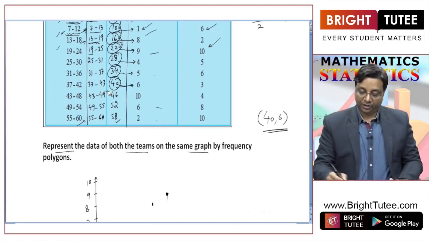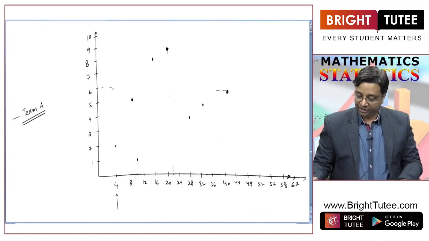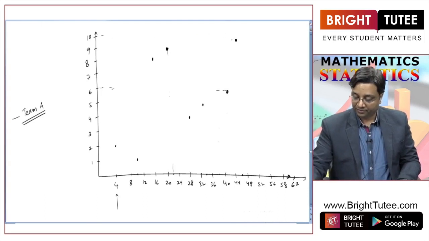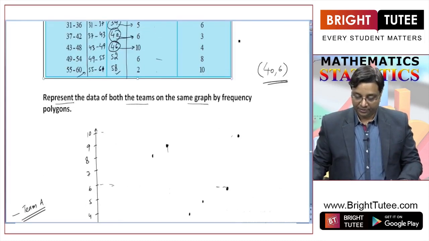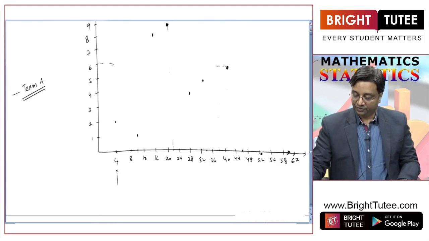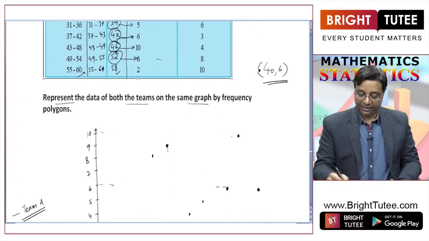Right, so the next point we will find is 46 comma 10. So 46 is here and 10 we will have here. So the point will be this, right, and the next one is 52 comma 6. So 52 is this one and 6 we will have here. This is 52 comma 6, and then we have 58 comma 2.